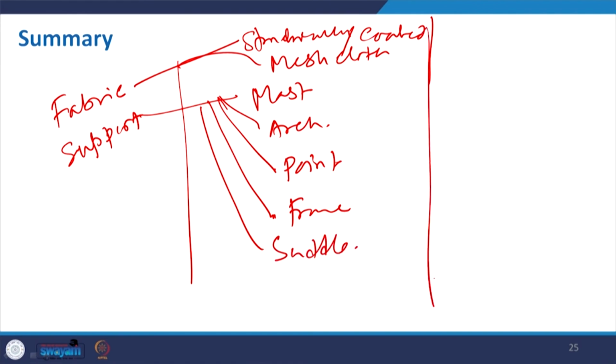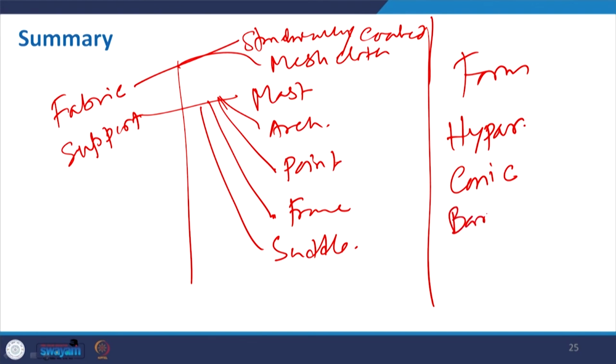Okay. And regarding the form, what we discussed, one is the hyper, second the conic, third the barrel vault, and last but not the least the inflatable structure.